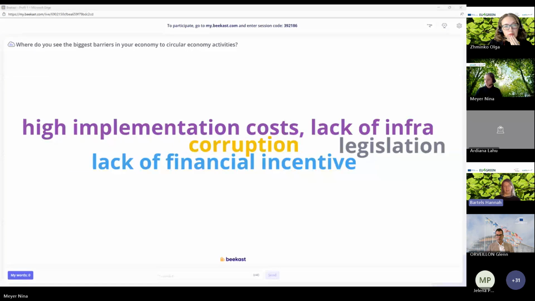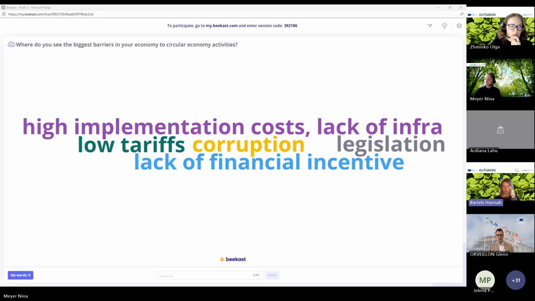And yeah, the lack of legislation and the required infrastructure is, of course, a significant barrier. Corruption, unfortunately, exists and can also tamper with the implementation of it. And lack of financial incentives, I think for the example of plastic, is very true.